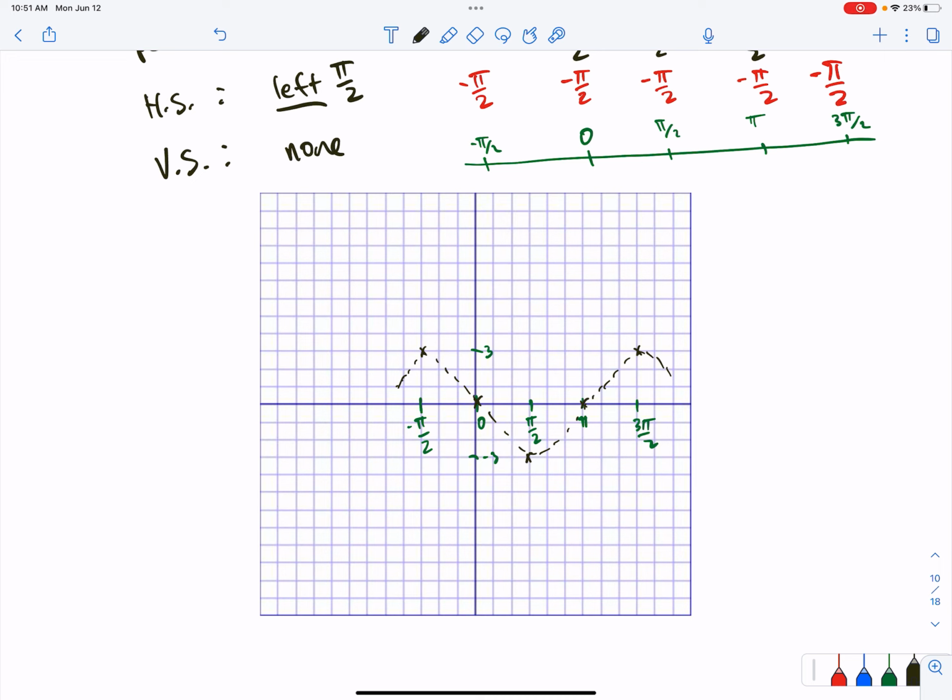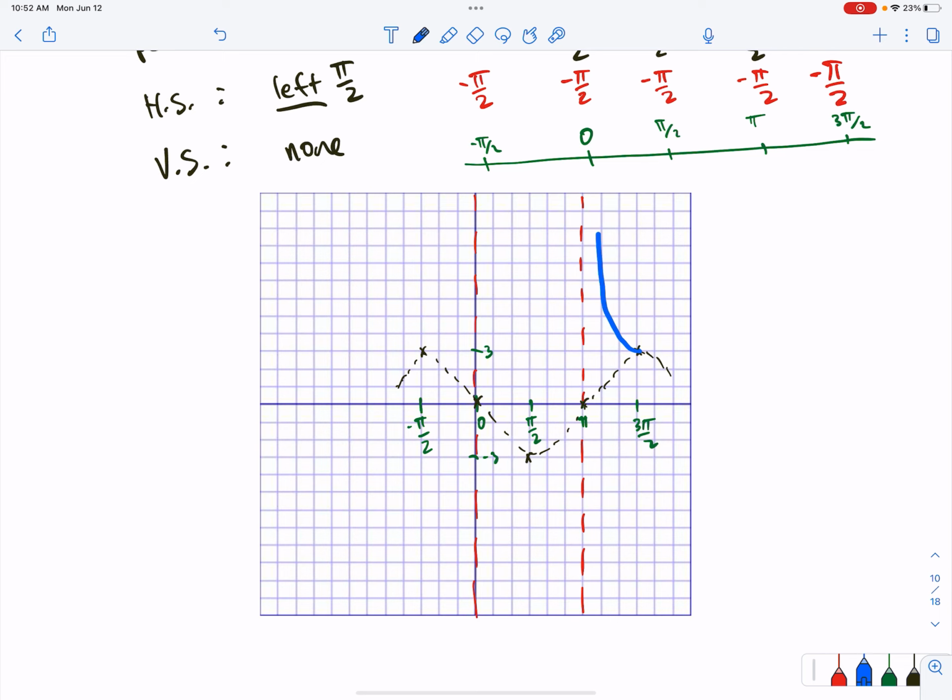Okay. And then from there, I'm going to draw in the vertical asymptotes. So the vertical asymptotes are where the cosine graph hits 0. So I have a vertical asymptote at pi, and then a vertical asymptote at 0. Okay. And now that I have all of this put together, I can come up with the graph for the secant function.